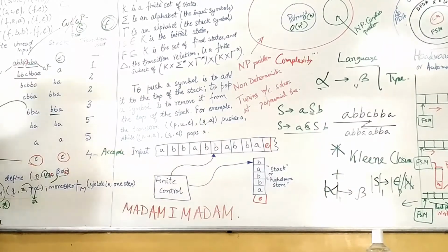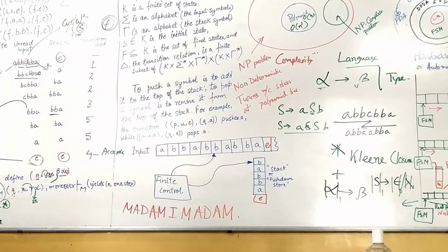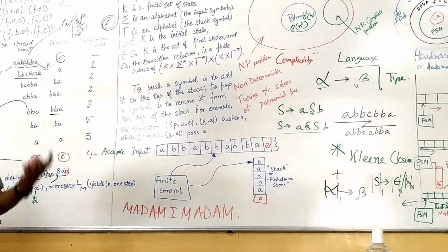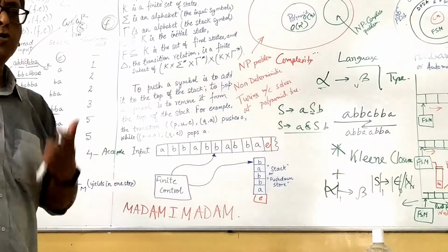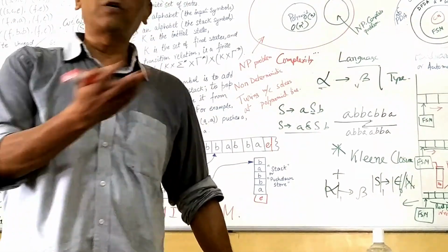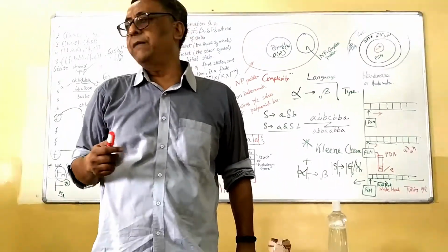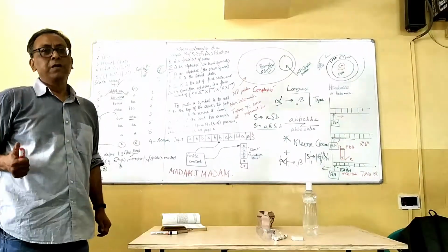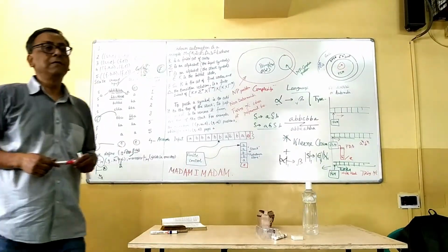It is the famous palindrome. Even in English words there are lots of palindromes. So a palindrome can be checked by a deterministic push-down automaton. Good question. Any other question, please?